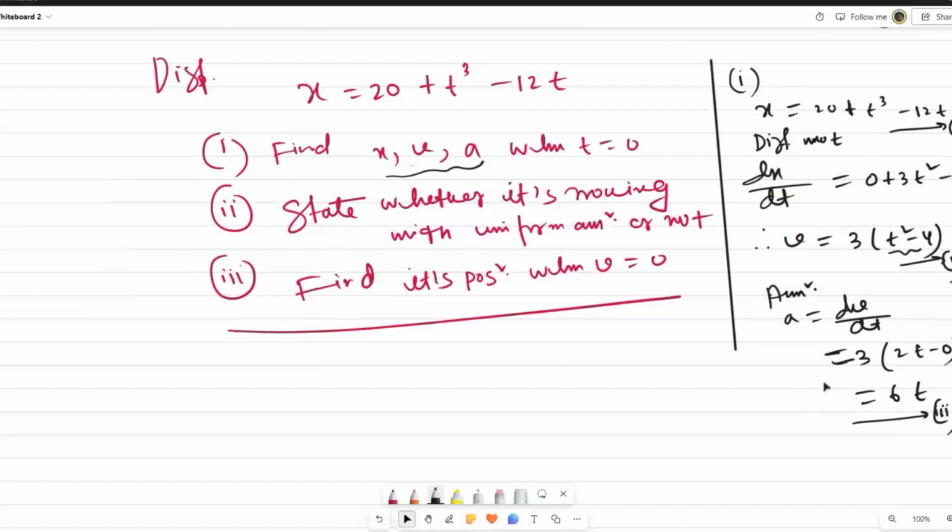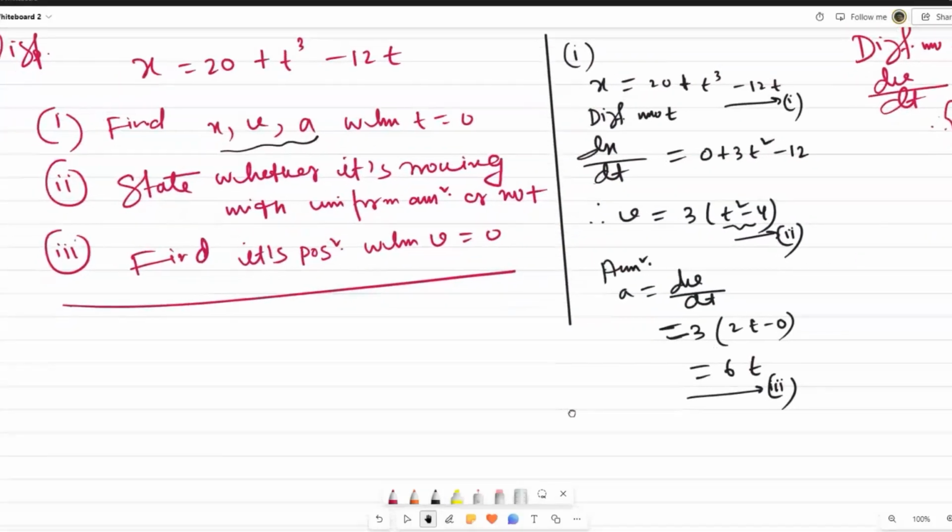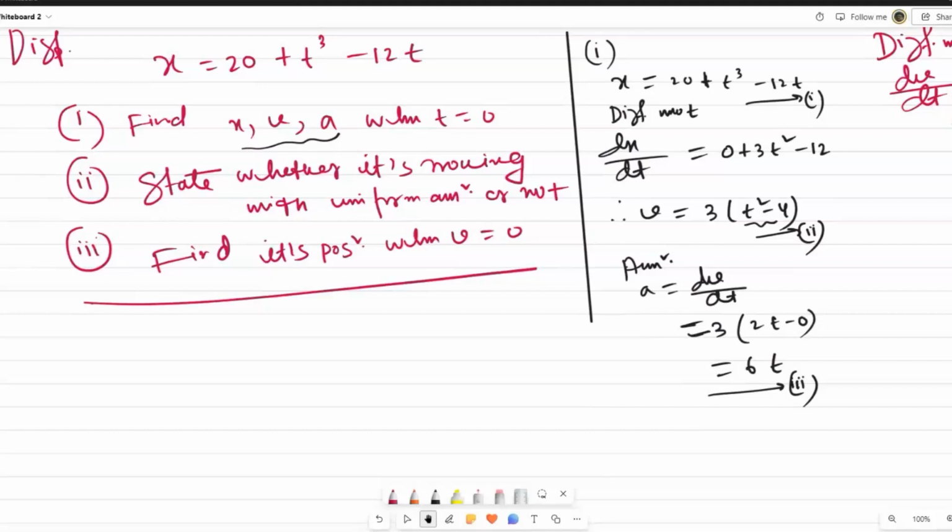It's very easy. You just use these three expressions. When t equal to 0, x we are getting 20 plus 0 minus 0, 20.